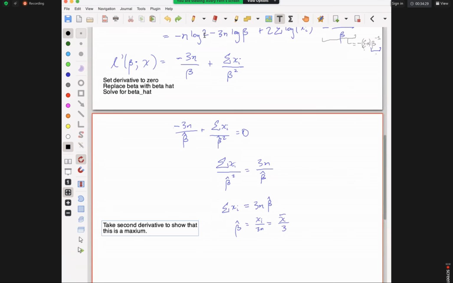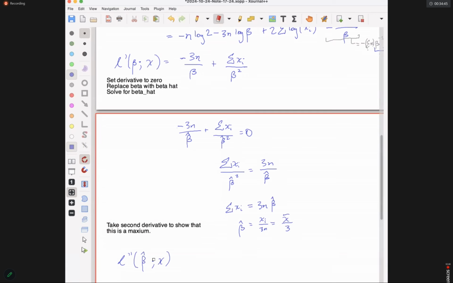All right, so this was our first derivative up here. We take the second derivative, and we can just go with beta hat from the start here. Actually, I'll write beta. What is the derivative of this thing up here? What is the derivative of the first derivative?